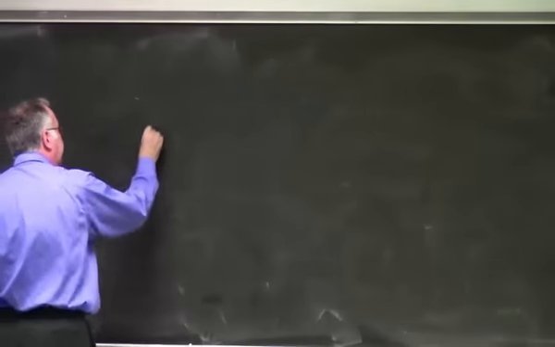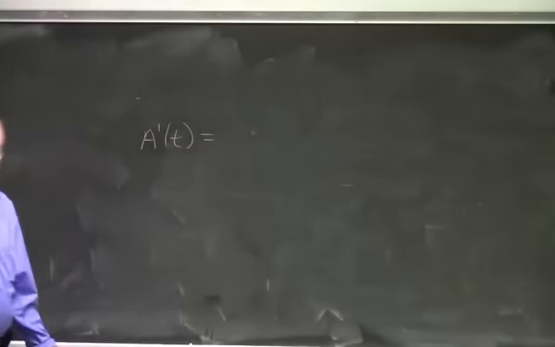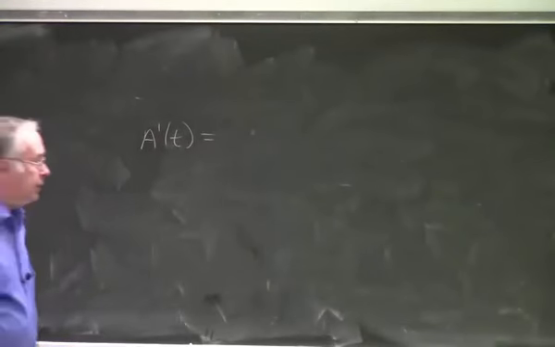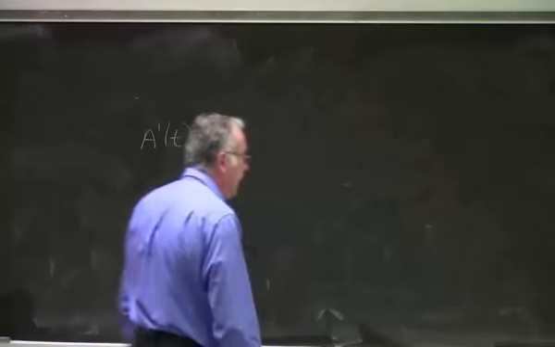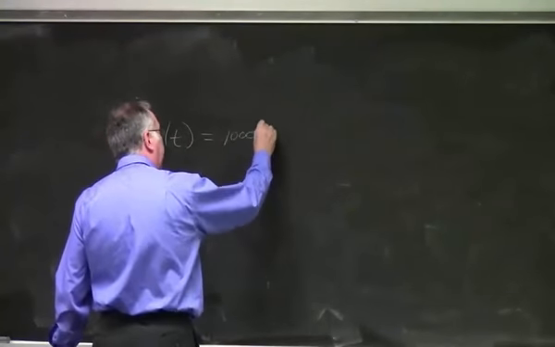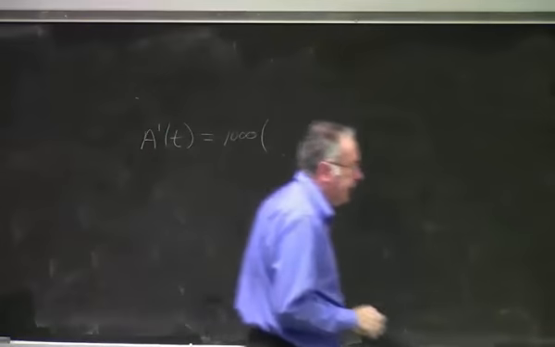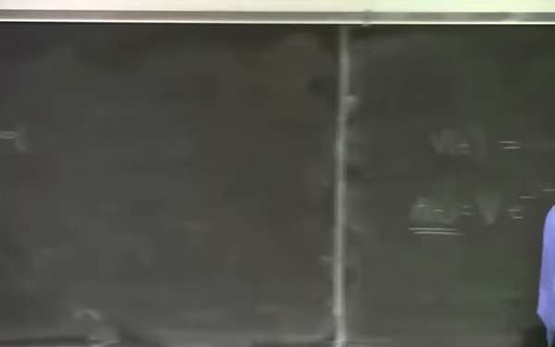A prime of t, first order condition, is just going to be the 1,000 that's already there, the coefficient 1,000. Now our f of t in this case is this whole thing.